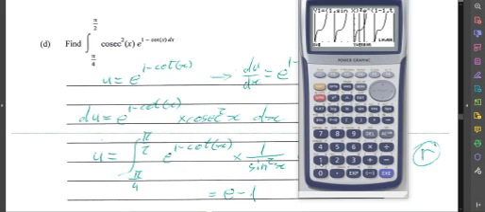So pi over 4 is shift pi over 4, 0.785, and upper is pi over 2, 1.57. Execute. All right, so it worked.